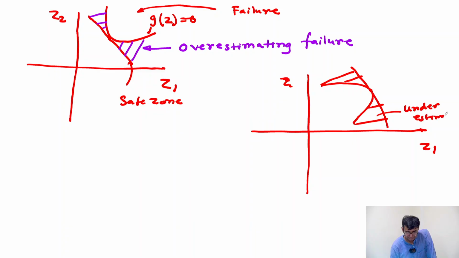So now, can you tell me, what are we missing here? From both these diagrams, can you imagine what are we missing? We are taking a straight line, so what are we missing? Curvature. We are not including the information about the curvature.